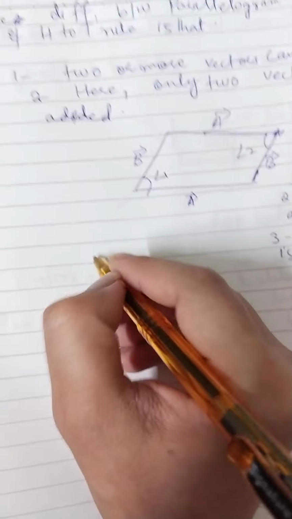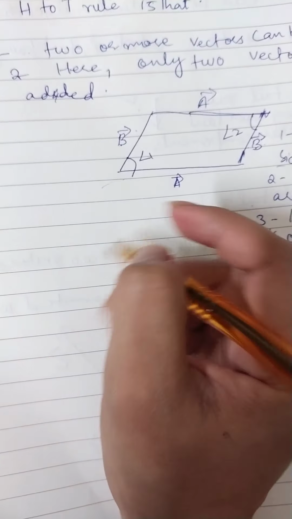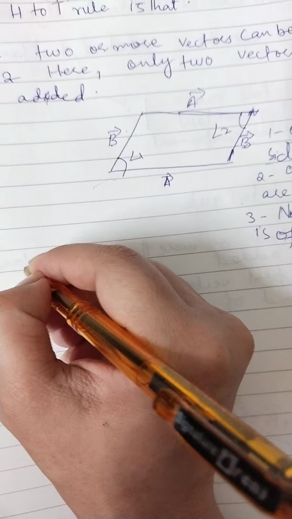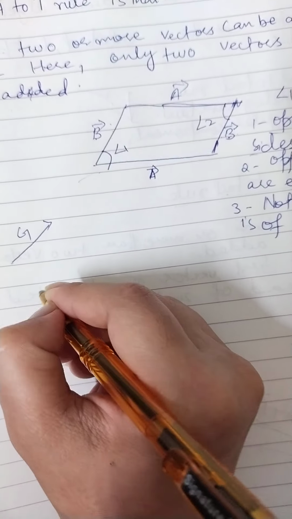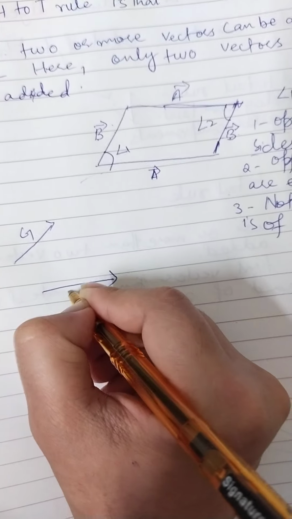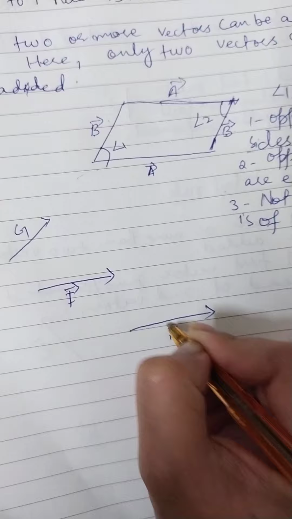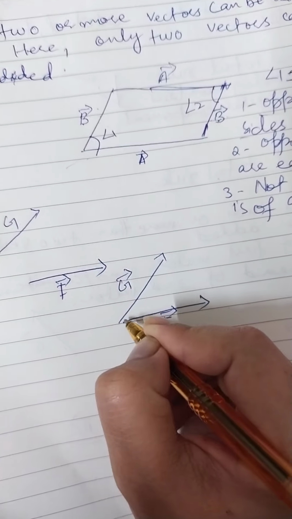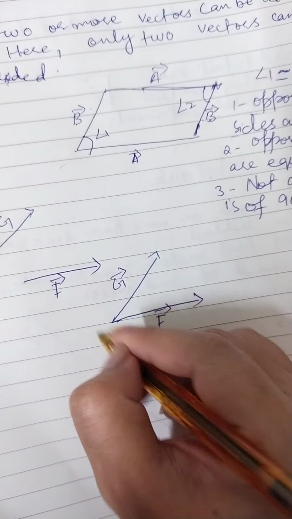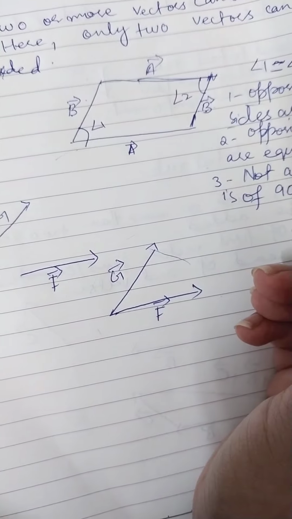In the parallelogram law, how do we connect or add the vectors? Let's suppose this is vector F and this is vector G. But these two vectors are not connected together with the help of the head to tail rule.